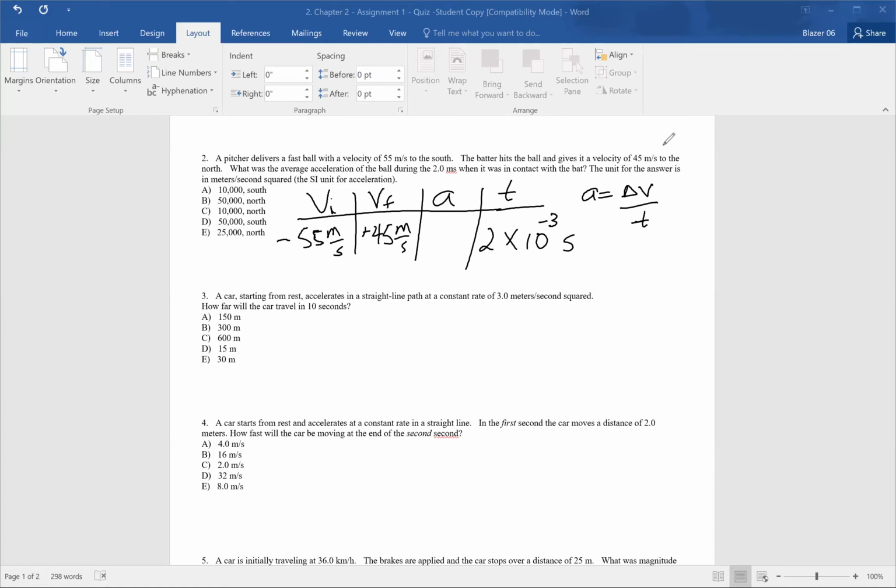And we define that as V final minus V initial. That's how we define change. So we know V final, we know V initial, we know time. So please go to your calculator and calculate the acceleration. Okay, let's see who can give me that answer.